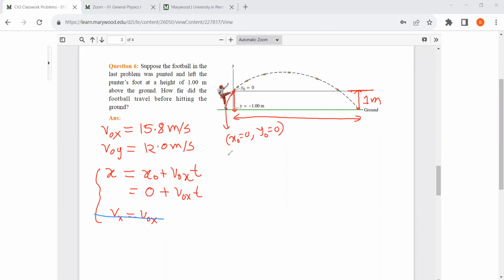Now we have to calculate t, similar to one of the last problems, by using the y component equation.